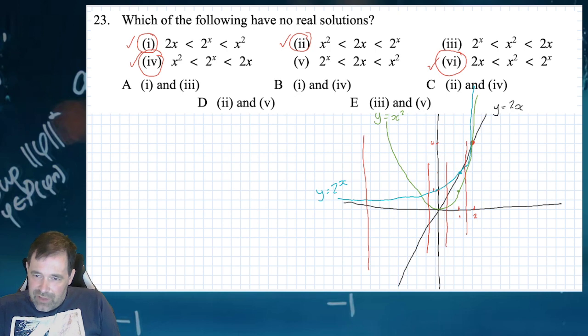And that doesn't change again until this last one, but that last one is the same as the second one. That's going to be 2 to the x, then x squared, then 2x, which is that one again. So I think the answers are 3 and 5. I think that's our answer.